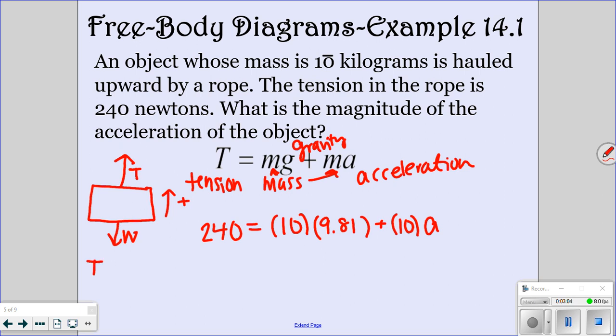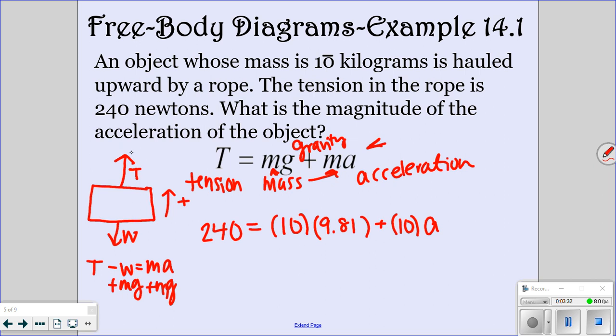So whatever the tension minus the weight is going to equal the amount that is going up, which is the mass times the acceleration. And your weight is mass times gravity. And so if you add that to both sides of your equation, that's where this equation comes from.